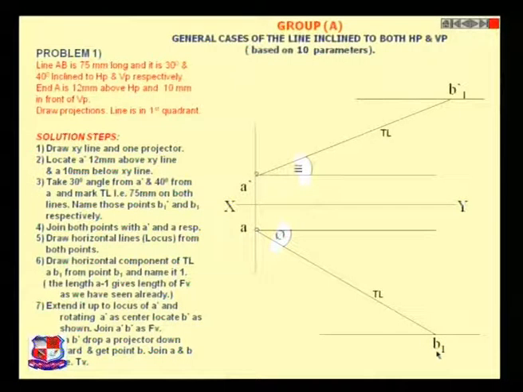Now what next can be done? In the part on projections of lines, we have seen that if we rotate any view, we can get the true length. So if we rotate the true length, we can get the various types of projections.